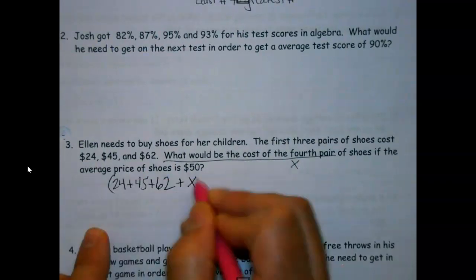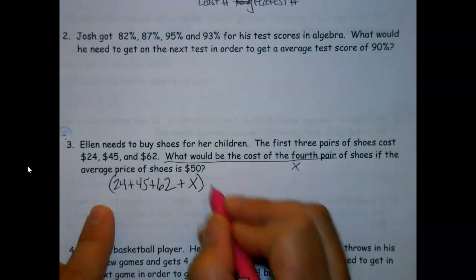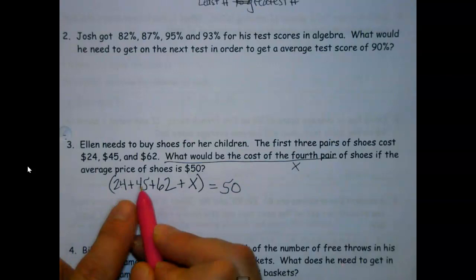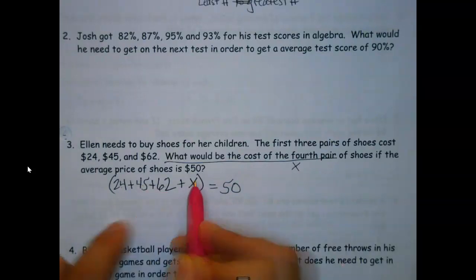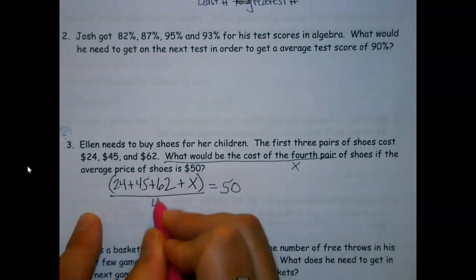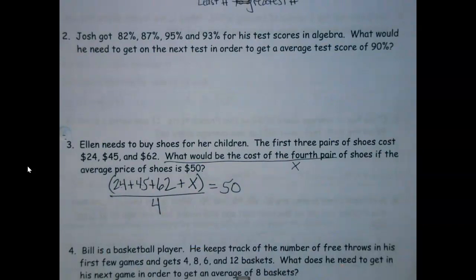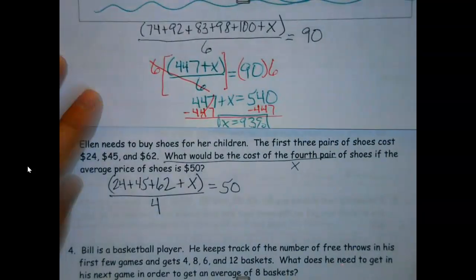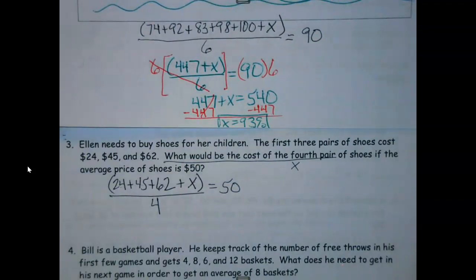If the average price of the shoes is 50, there's 1, 2, 3, 4 data points we're working with. So just like we did when we had it over here in the notes, same idea.